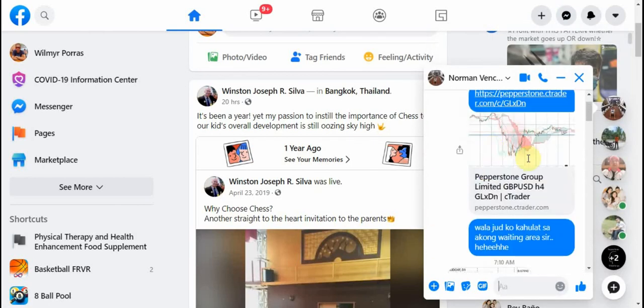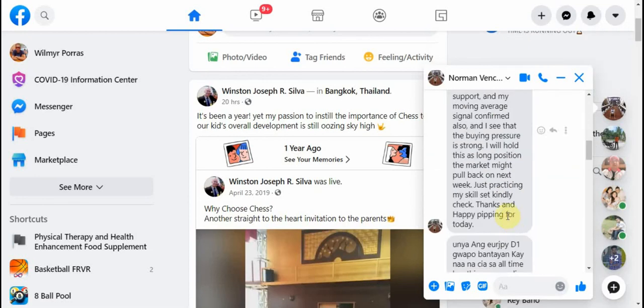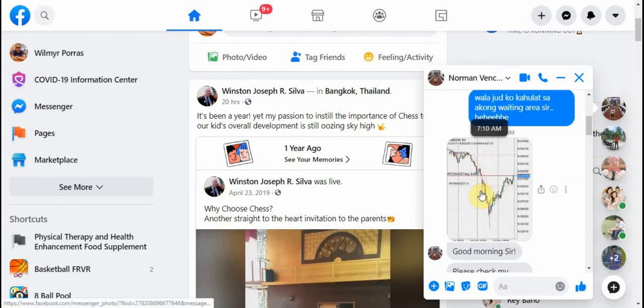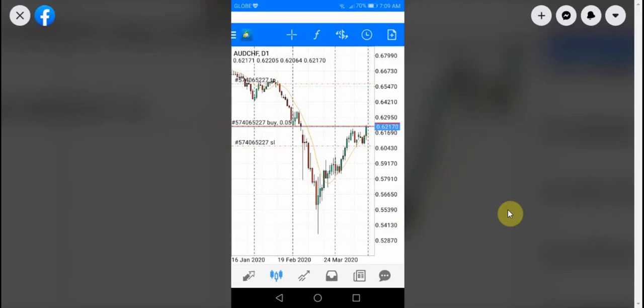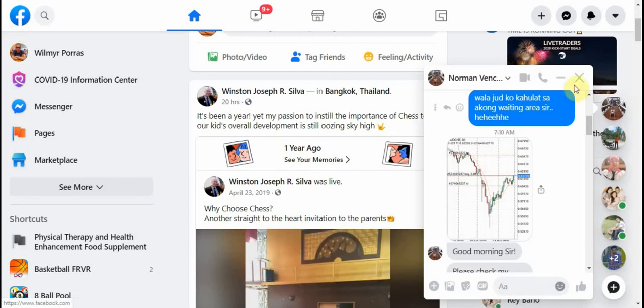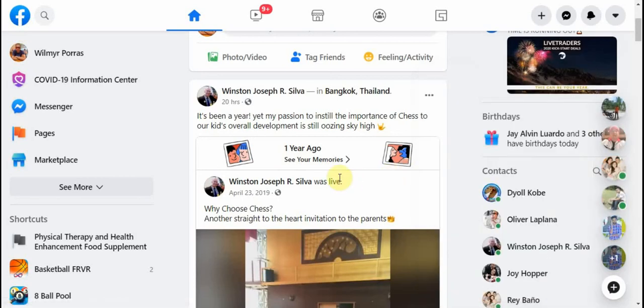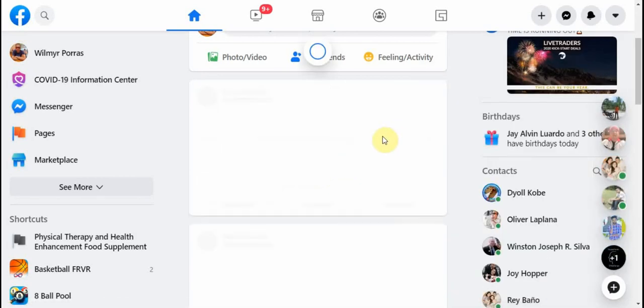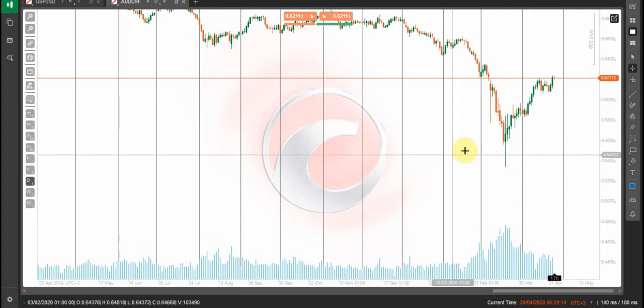Just a moment, I'm going to check his entry. Yeah, he is a buy. But he bought on top of a resistance. Not really on top, but at a breakout point where he made his order.